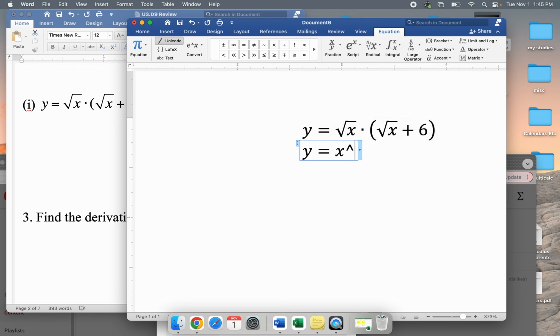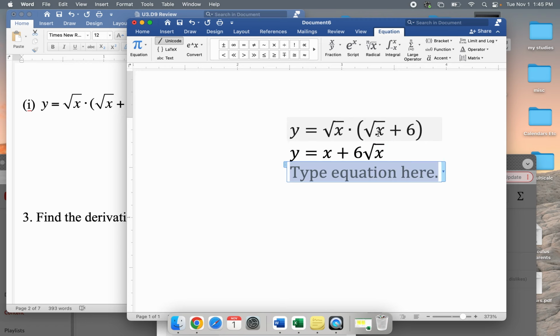If you distribute this root x, it cleans up very nicely, because root x times root x is just x, and then plus root x times 6 is just 6 root x. And that is a lot easier to find the derivative of. Now I don't have to use the product rule.